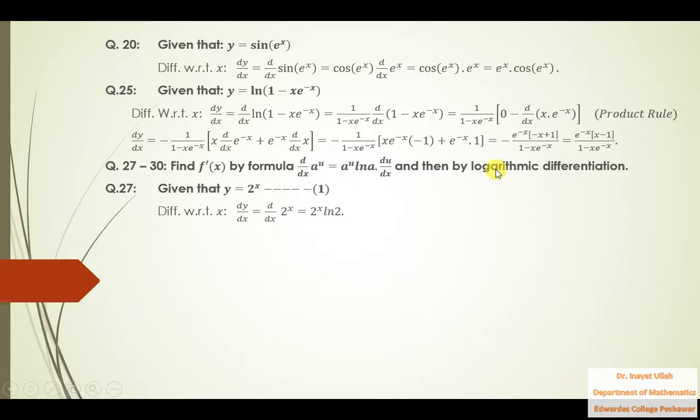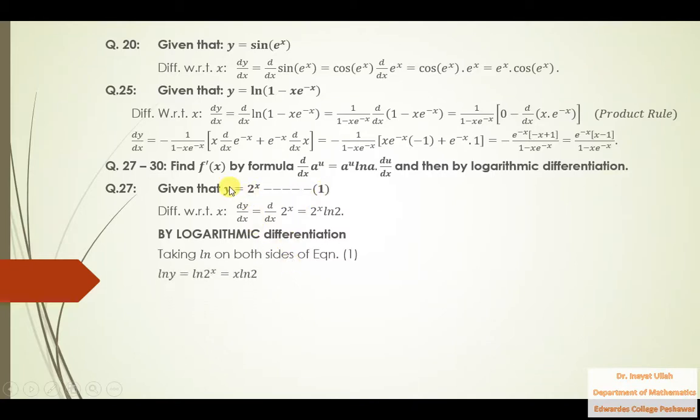Now we are using here logarithmic differentiation. What does it mean? It means that first of all we need to take log of this equation, both sides. So by logarithmic differentiation, taking natural log of the given equation on both sides of equation number 1.